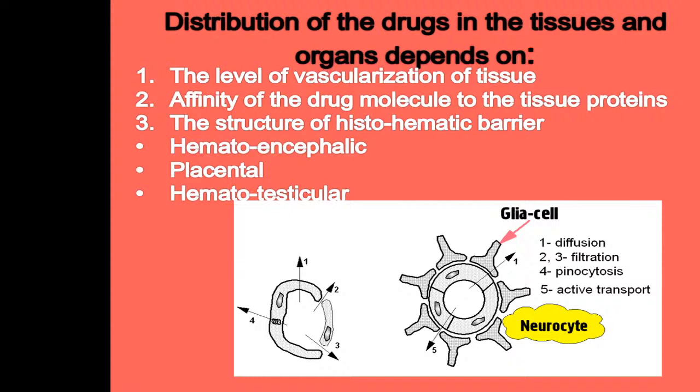For example, if we compare the consumption of drug substance in bone tissue and in liver or in thyroid. Both thyroid and liver are well vascularized, but bone tissue is less vascularized. Total amount of drug in these tissues is different. Of course, lower amount of drug in the bone.